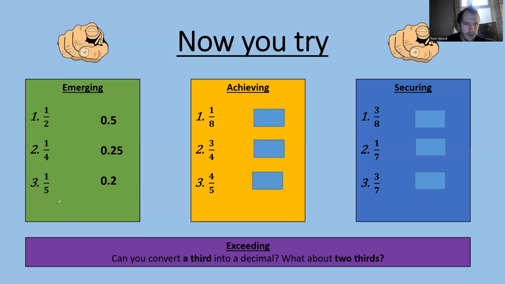So if we look at this, 1 divided by 5, I'm going to view it as, well, how many 5s go into 1? That will be 0. The 1 carries over into our decimals. I've then got how many 5s go into 10, which will be 2. So this is why 1/5 is 0.2. It is the exact same thing, just written in a different format.